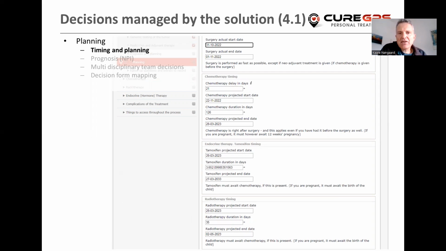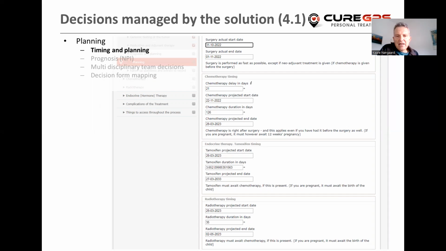In this case, the surgery will be on October the 31st, and then it derives that the chemotherapy must start on the 22nd of November, because it has to wait for a certain period, 21 days after the surgery. Then it lasts for 126 days, so it ends by March the 28th next year.